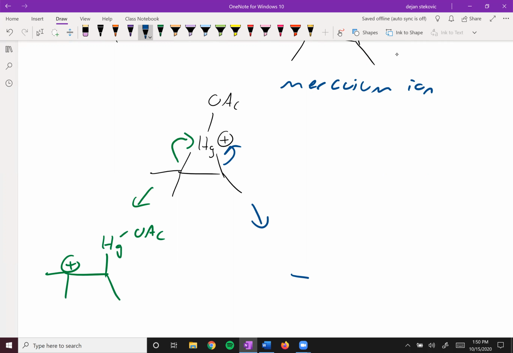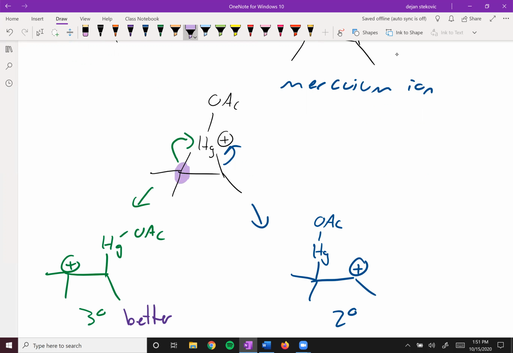And then if we take a look at the blue pathway, we have a carbocation right over here. And right, this would be the formation of a tertiary carbocation, while this is a secondary carbocation. And so this one on the left is better. And so what that results is this carbon right here is more partially positive, right? And so it's more electrophilic.